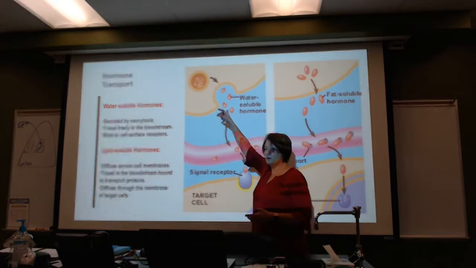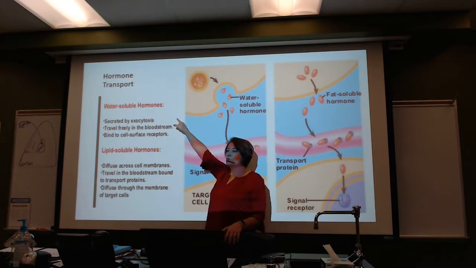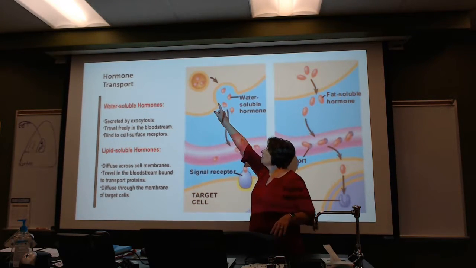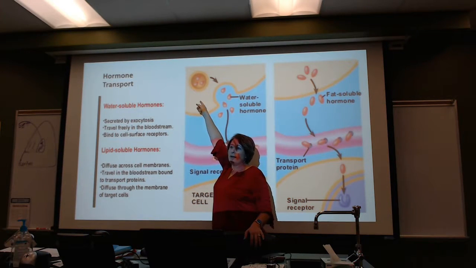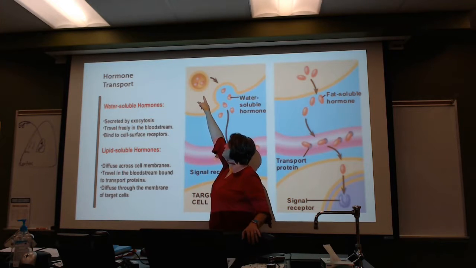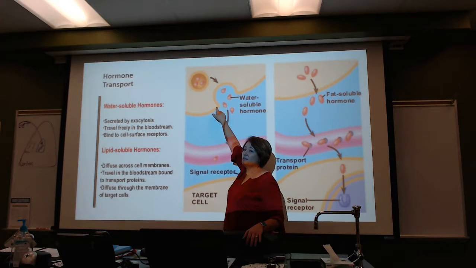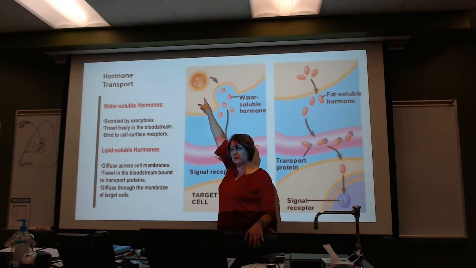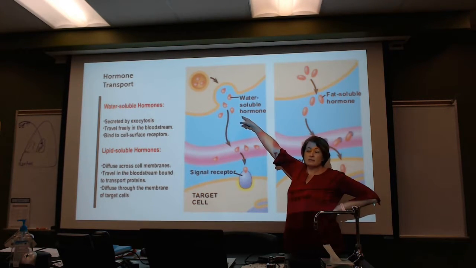Now, if I have a cell that is going to make a hormone that's water soluble, look what's happening. The cell makes its product, the hormone, wraps it in a vesicle. That vesicle attaches to the plasma membrane, and the plasma membrane simply spits the chemical out. Is everybody following me? Now, that was the process of exocytosis.